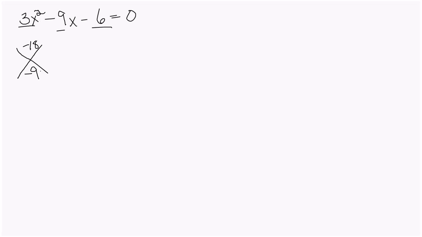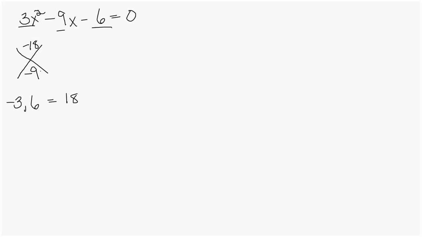So I'm looking for two numbers that when multiplied together give me negative 18, and when added together give me negative 9. If 3 and 6 don't work, I mean, they jump out, but I don't think they work because if you use two negatives, you're going to get a positive 18. Yeah, that's right. That's the problem.